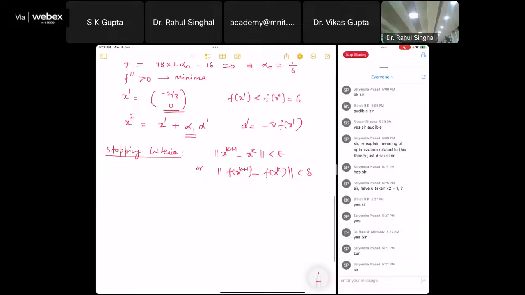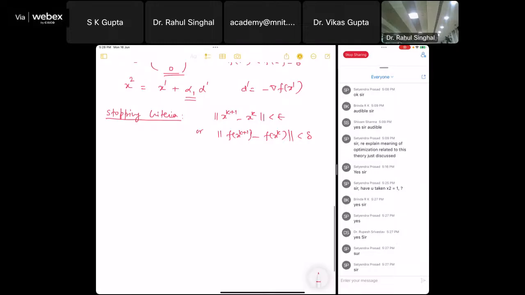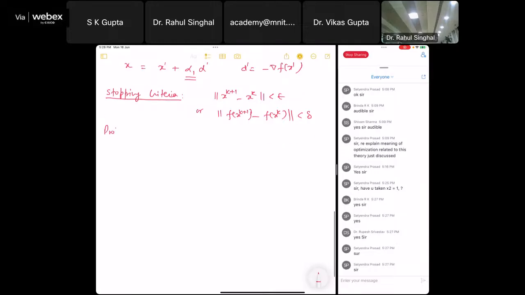Now what are the properties of this steepest descent algorithm? The first property is that it has a descent property.